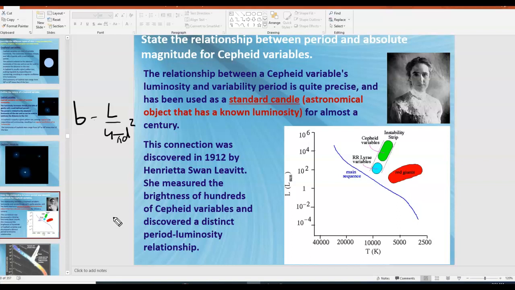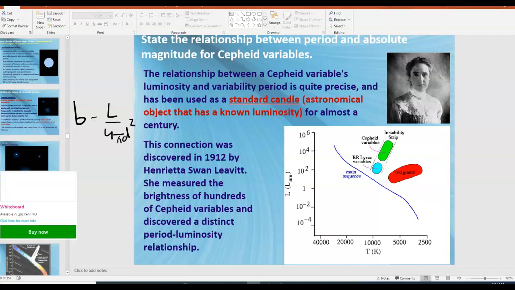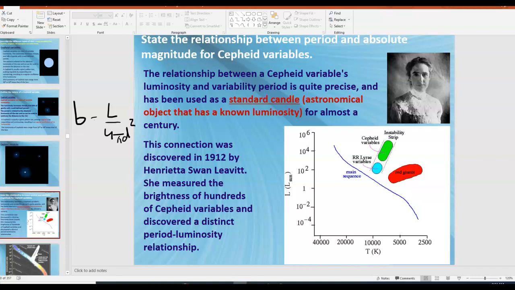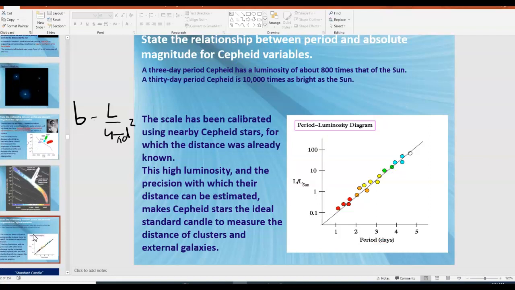We can use things like stellar parallax, but remember that only works for relatively close stars, within a couple hundred parsecs. And so we really like these standard candles, and a Cepheid variable is one example of a standard candle where we can very easily measure the luminosity of that object. So I'm going to go down here, and basically the relationship looks something like this.